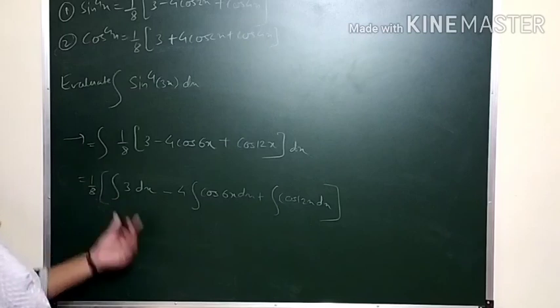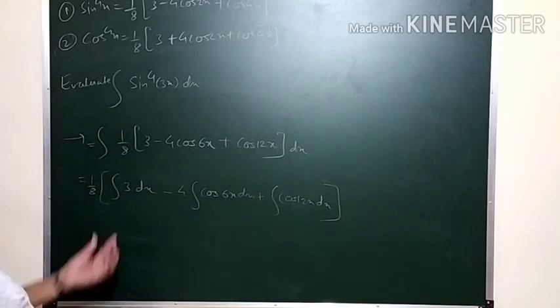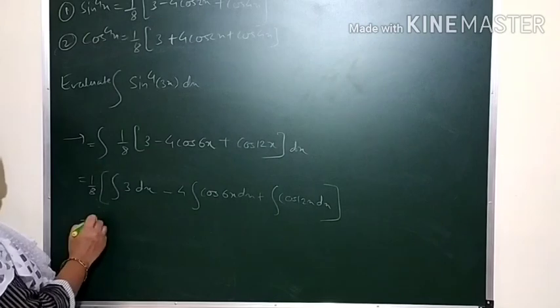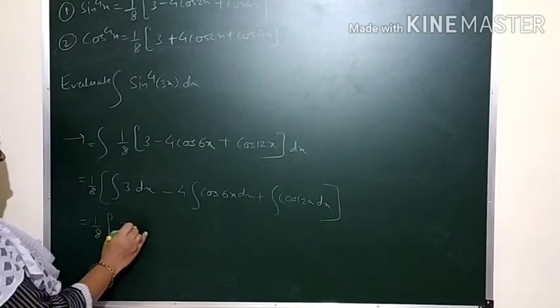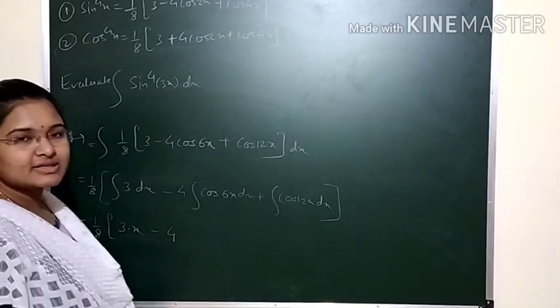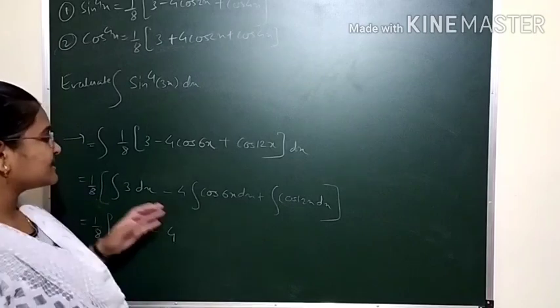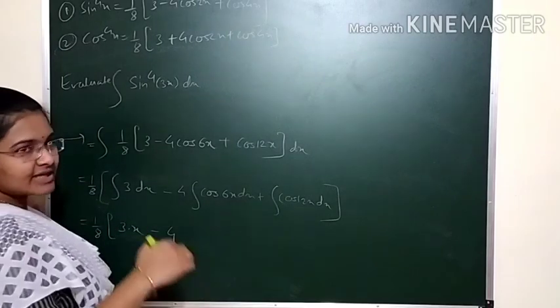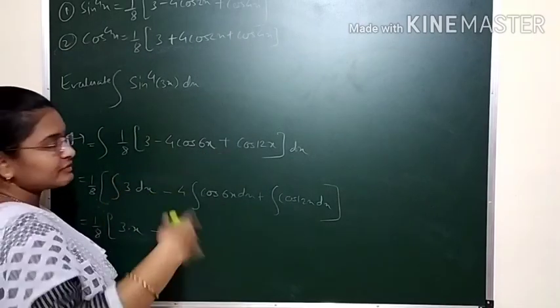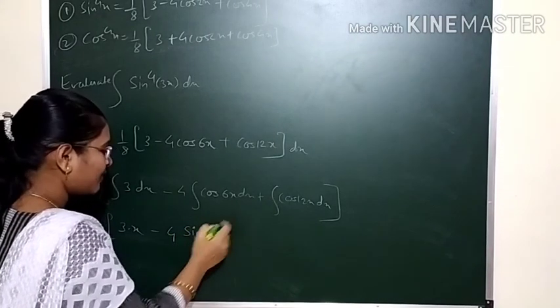So the integration of 1 will be x, and the 3 we can take out. So here 1 by 8 into 3 into x minus 4. What is the integration of cos 6x? Integration of cos 6x is sine 6x upon 6, because the derivative of sine is cos, so the integration of cos will be sine.